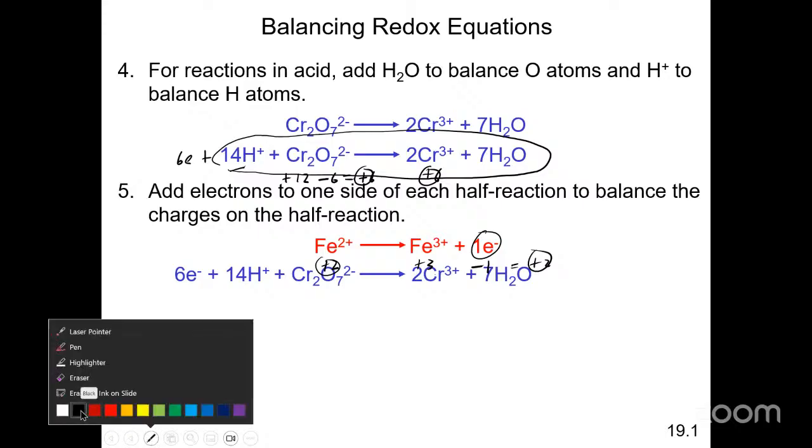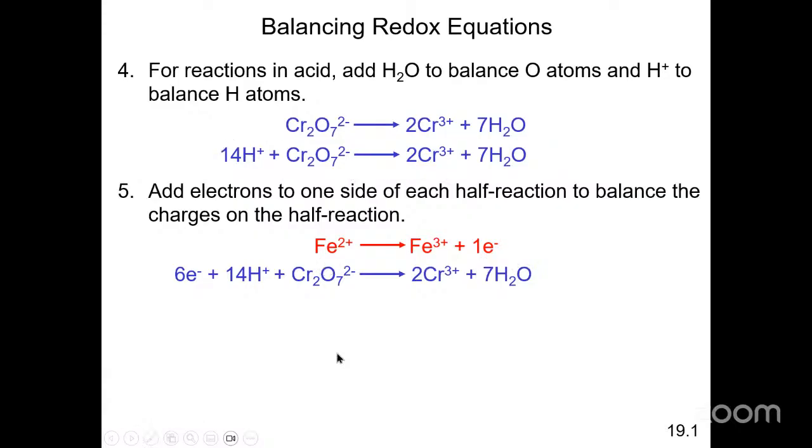So the mistake that students tend to make, especially when they're learning this for the first time, is that they tend to add electrons on the wrong side. To figure out which side you add electrons, it's very simple. You add the electrons to the side with the higher net charge.